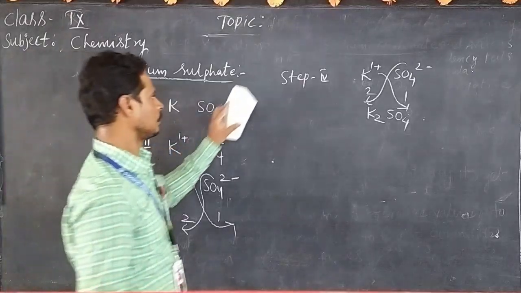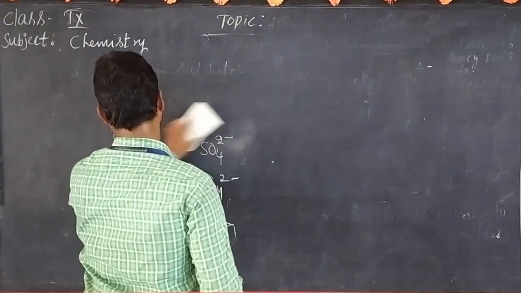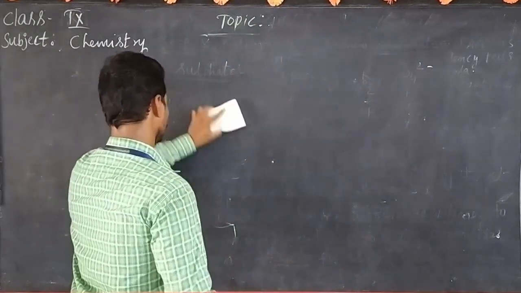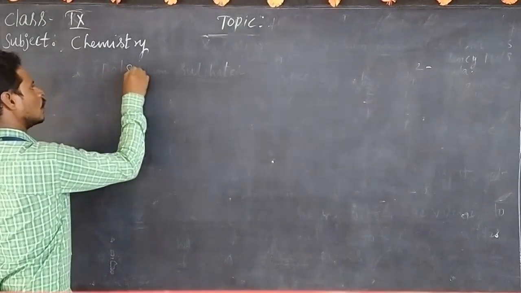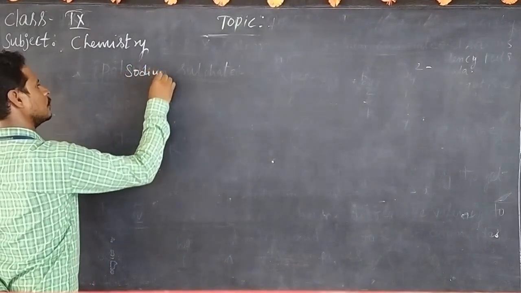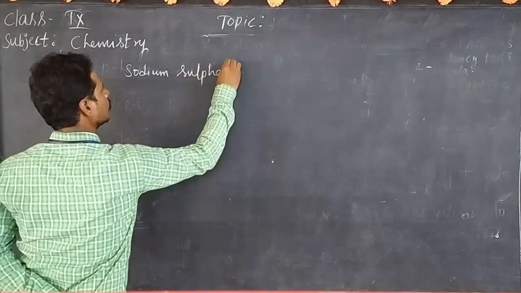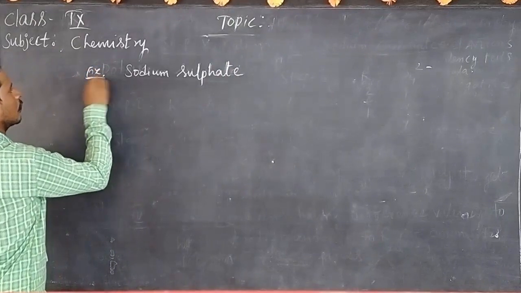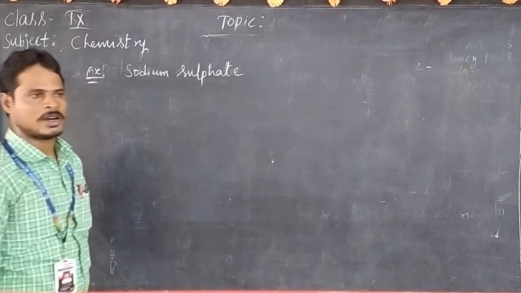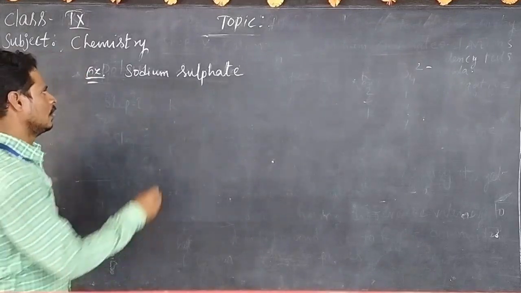Next, take another example. Sodium sulfate. What is the formula of sodium sulfate? We don't know. So we can use the criss-cross method.